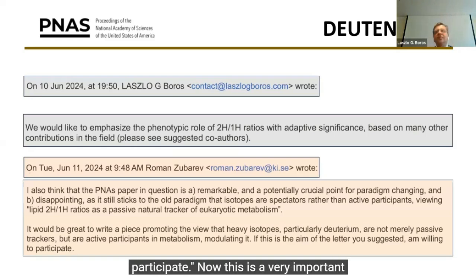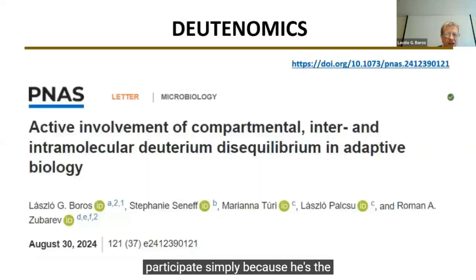Now, this is a very important approach for all of us, simply because his analytical reference studies have shown really challenging deuterium distribution scenarios. And I was very happy that he was willing to participate, simply because he's the source of some of this very crucial, very important data.